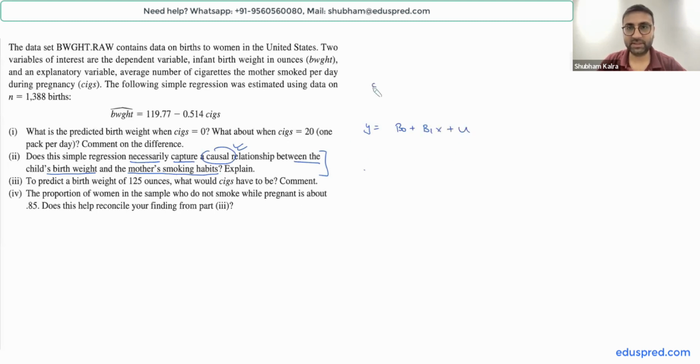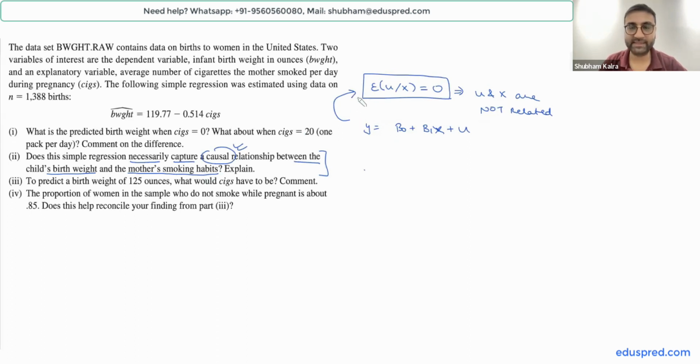Now, what does the zero conditional mean assumption say? It says that the expected value of u given x has to be equal to 0, which means that u and x are not related. So that means the variables in the error term u should not be related to your independent variable x. If you are able to make sure that this happens, then we can talk about a causal relationship.